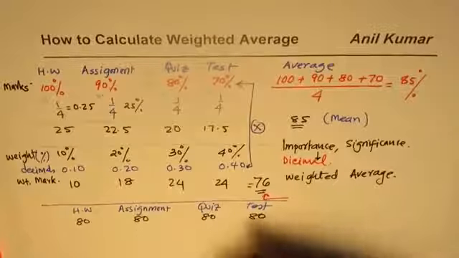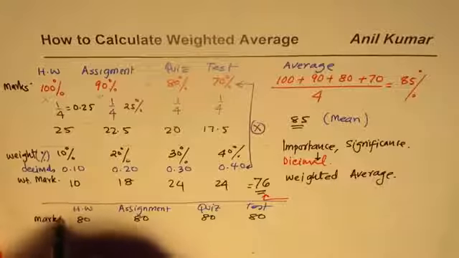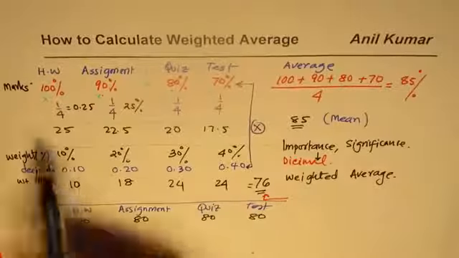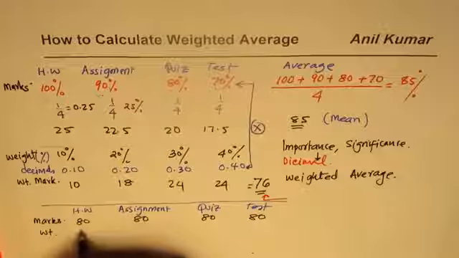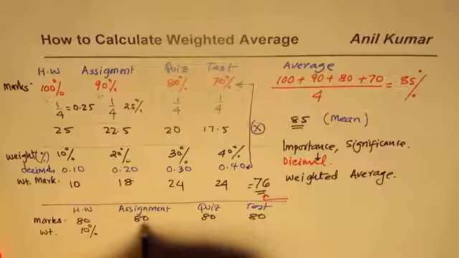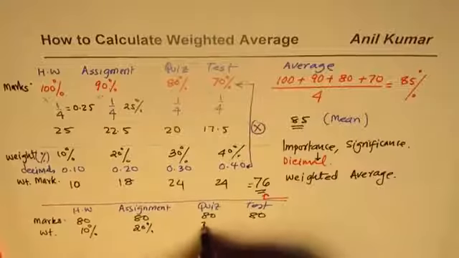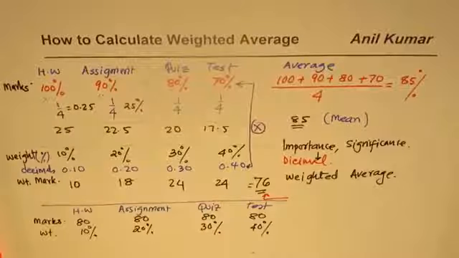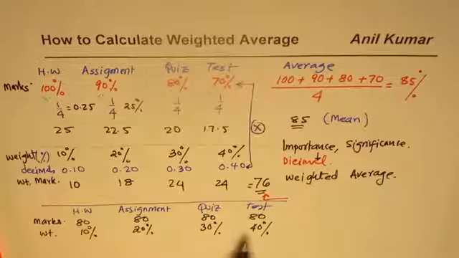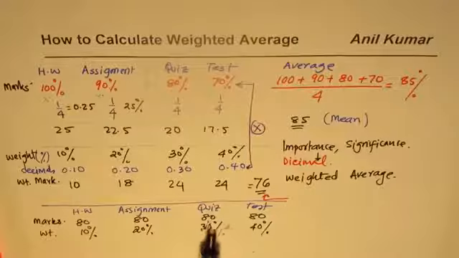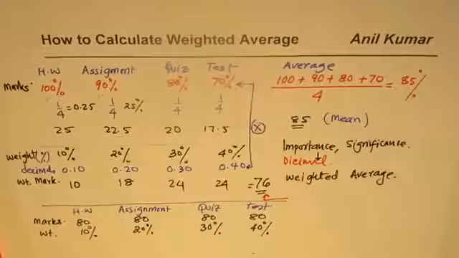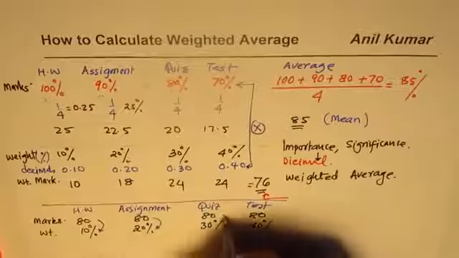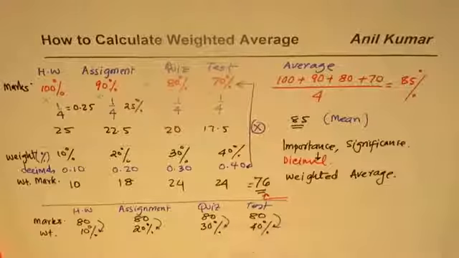These are the marks obtained, and the weight is, as we used here, 10%. So we'll write in decimals. Let's write 10%, 20%, 30%, and 40%, right? In this case, what happens? Is the average 80? Let us calculate. You need to multiply these two and then add them, correct? So these are the weighted averages.